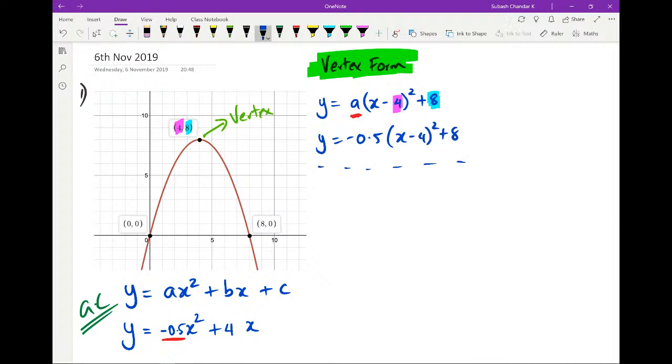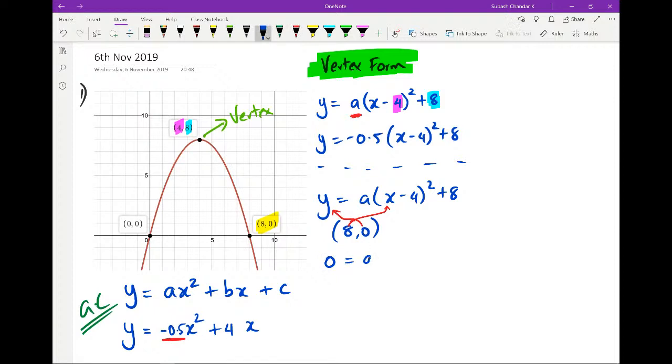But let's just say, for this problem's sake, you have not got a graphics calculator. Then what you need to do is grab a point. In this case, I'm going to grab the point (8, 0), and substitute it, because this is the x value and this is the y value. And I can figure out what a is.